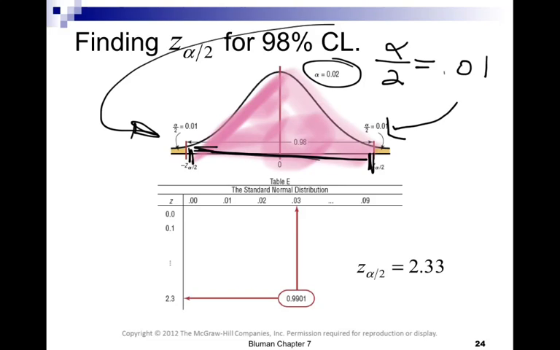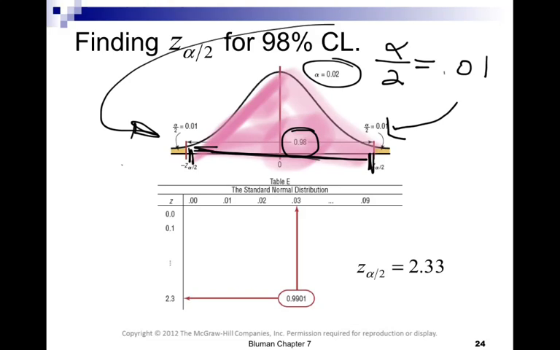If you need to find the z-score for a certain confidence interval, we know 90, 95, and 99. What if we want to know 98 or 96 or something that's different? The way you find the z-score is, again, you figure out what's in the middle, which is your 0.98. What's outside, then, is 0.02, because there's 100% under the whole thing. You divide it by 2, and that's what's in each tail.